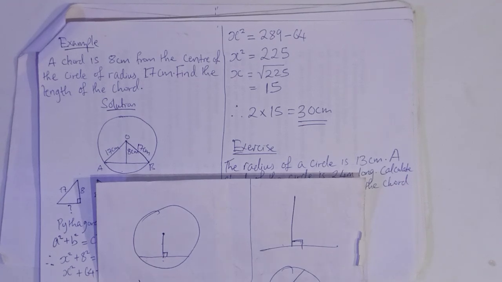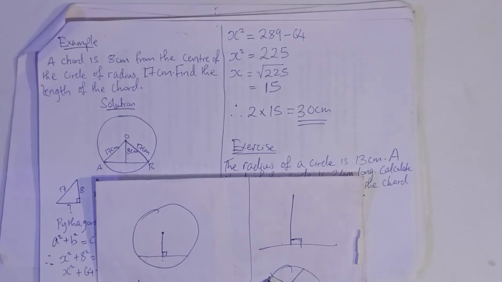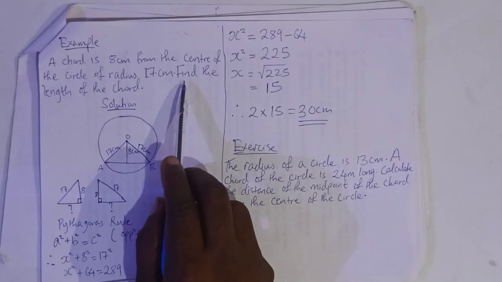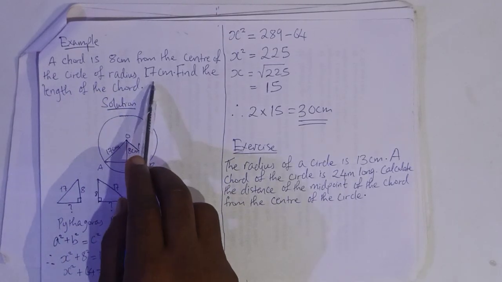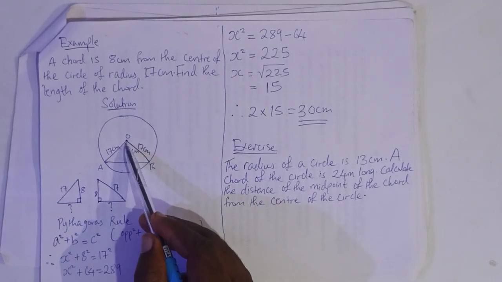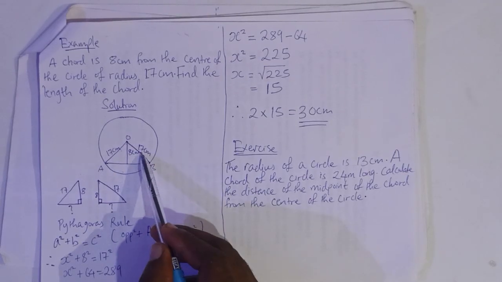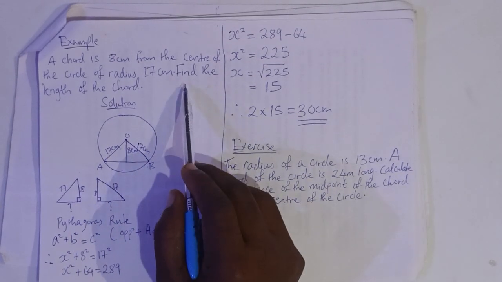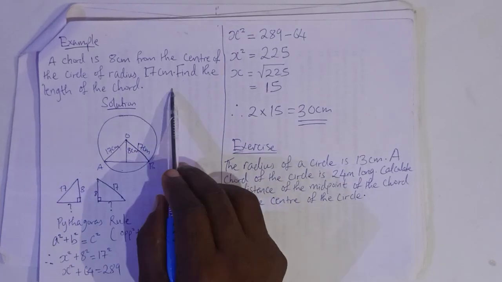We know that from here to this place is also radius, but it doesn't make any sense to take it up to that part. You have to make a diagram that makes sense. So in this case, it says that the radius is 17 cm. So we draw that radius from here to here, from here to here, to just indicate that we've drawn the radius of 17 centimeters. Then the question is, find the length of the chord.